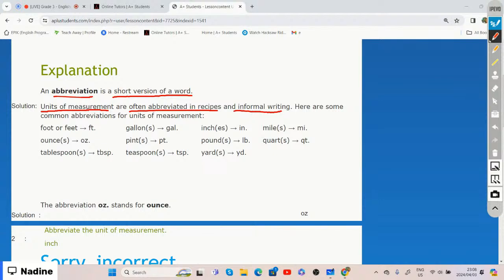That is what they'll tell you when it comes to recipes, because now you need to measure something. When we abbreviate units of measurement, it shouldn't be written with a capital letter. It needs to be written all in lower case.